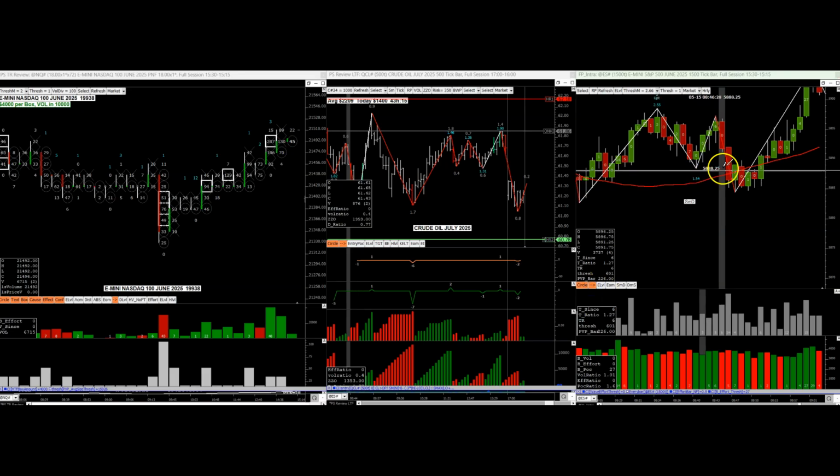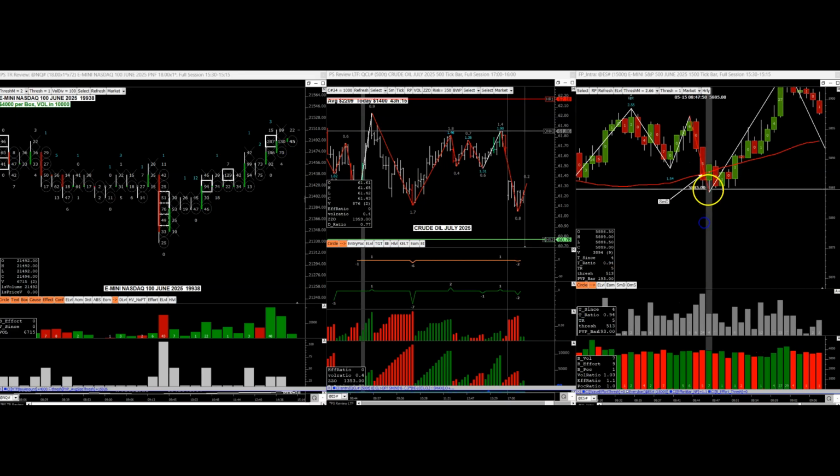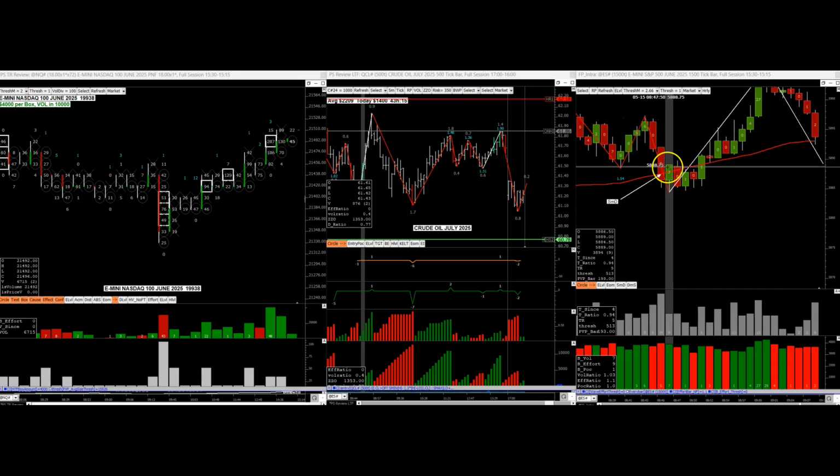So when the numbers increase, supply, because someone's always taking the other side, so supply has to meet demand, right? And now we have demand stepping in. This supply of 5 is meeting the demand of 7. Supply is meeting demand literally, bar to bar. But I want to see a strong green bar, preferably taking out the high.